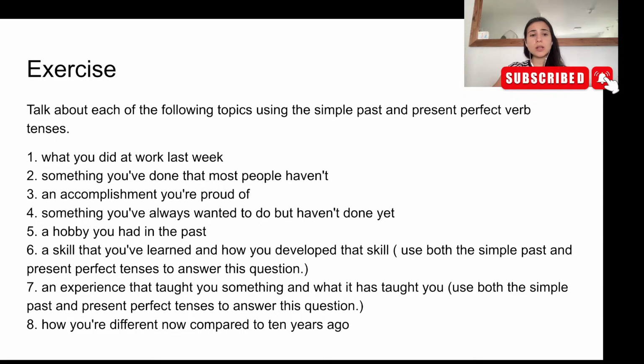So with the first one, what you did at work last week. So here, would you use the simple past or would you use the present perfect? Write an example in the live chat so that I can see your example, and I'll check to see if you use the right tense for this one. Okay, and I want you to put number 1 next to it so that I know you're referring to the first one.